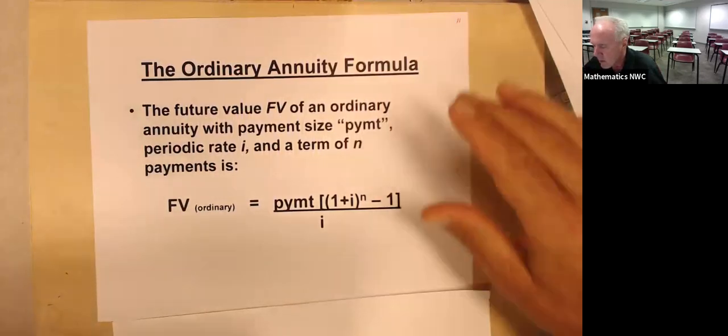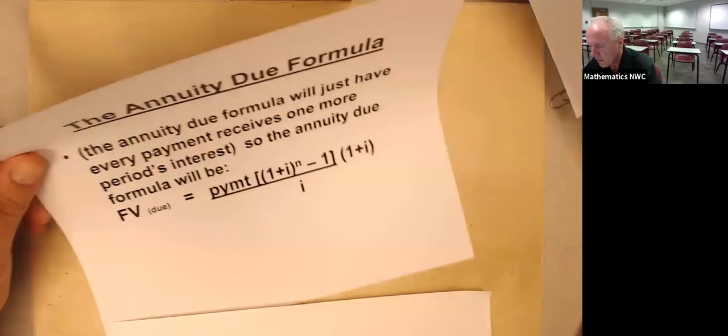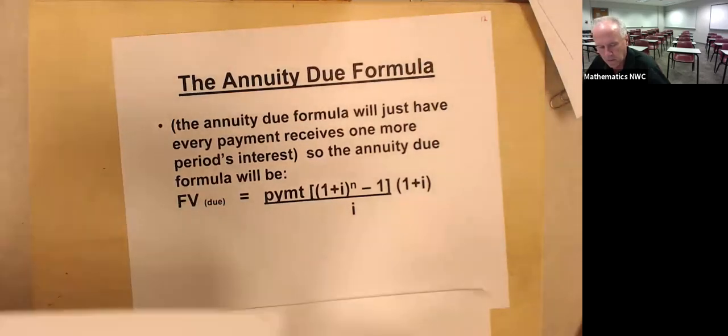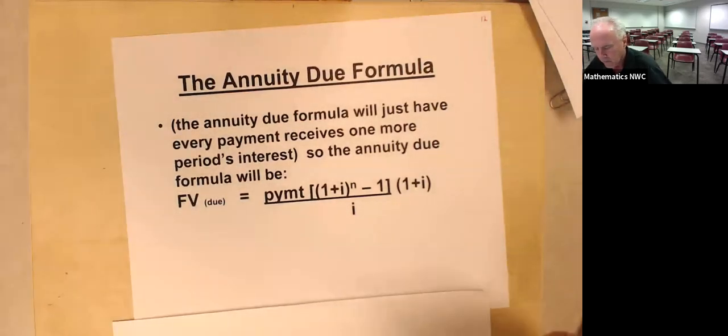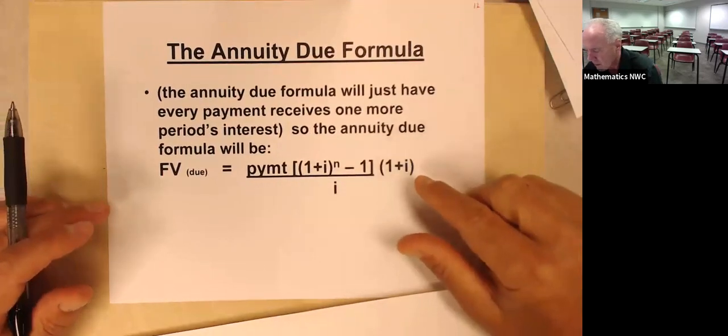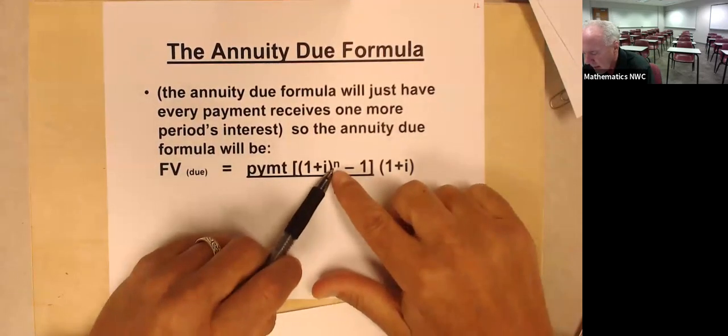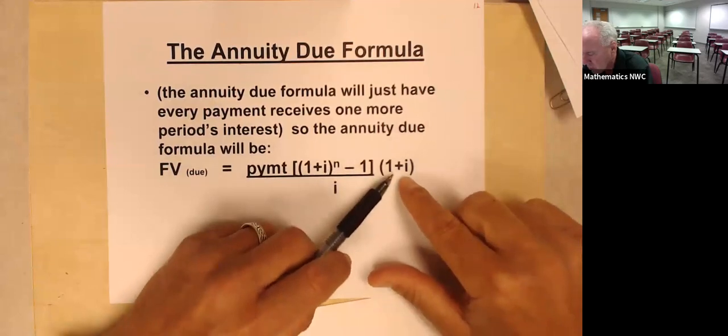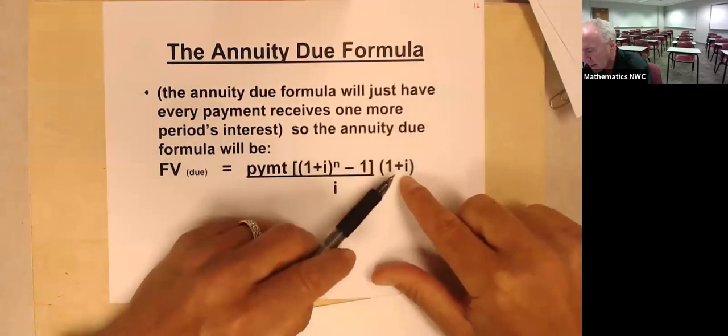If you remember, we also had an annuity due. The annuity due meant every payment had one more month of interest. Rather than n times, it gets multiplied by 1 plus I one more time.